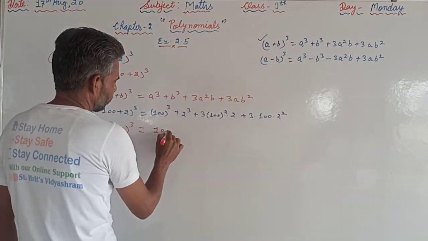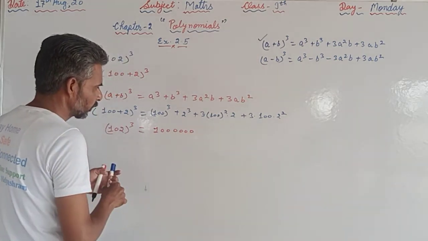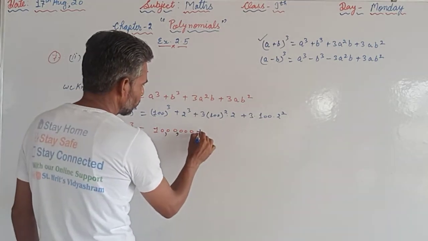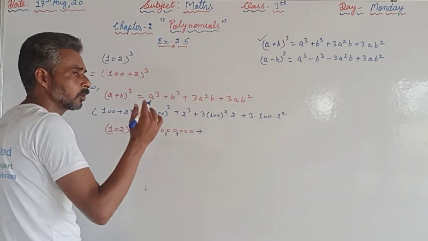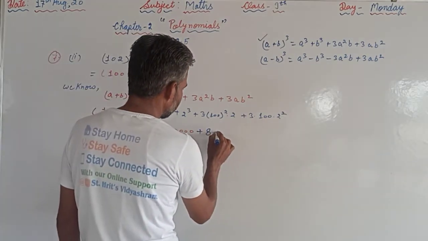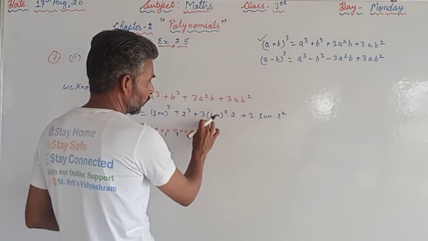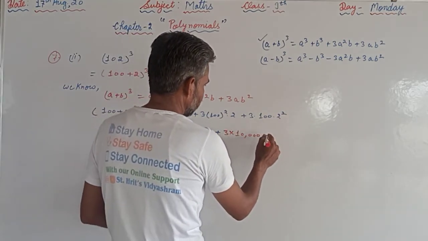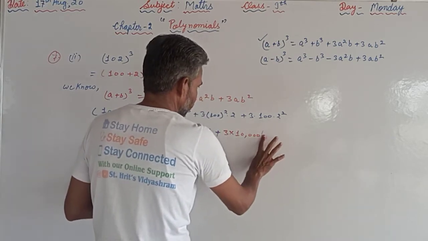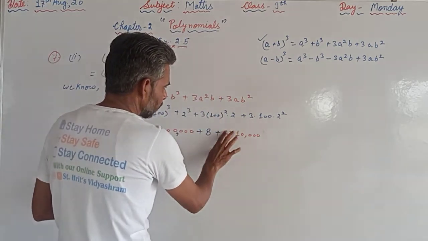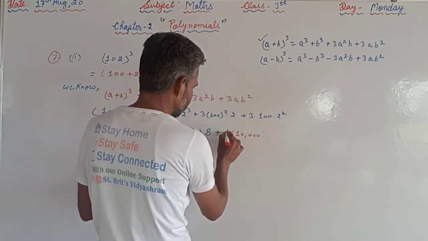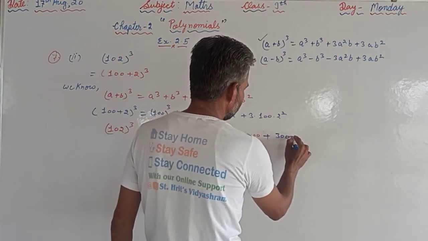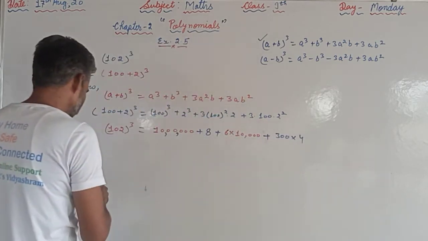Again 6 zeros will be there. 2 raised to power 3, 2 into 2 into 2, 2 to the 4, 4 to the 8, plus 3 into 10,000 into 2, that is 6, we can write directly here 6, then plus 3 into 100, 300 into 2 to the 4.